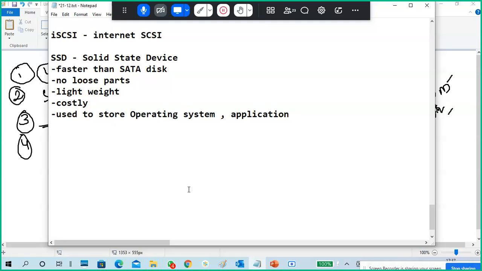But mainly important are the operating system and your applications. You can store them because it's very costly. It is not suitable for regular data.